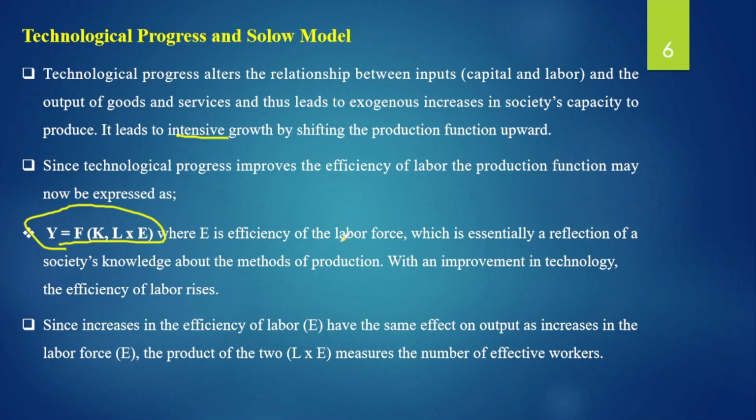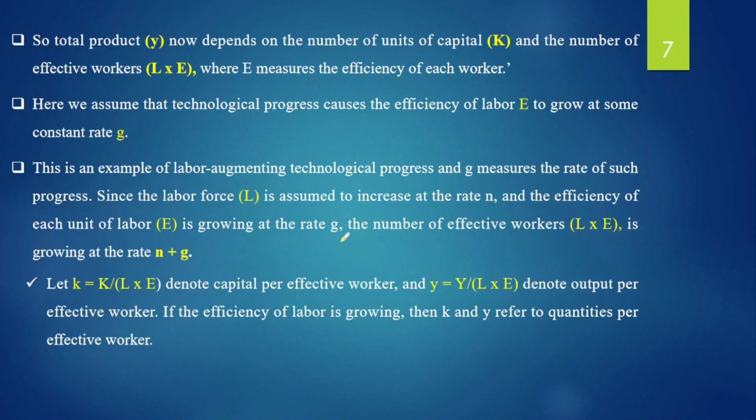Since an increase in the efficiency of labor has the same effect on output as an increase in the labor force, the product of the two, labor and efficiency, measures the number of effective workers. So the total product Y now depends on the number of units of capital and the number of effective workers. A just measures the efficiency of each worker.